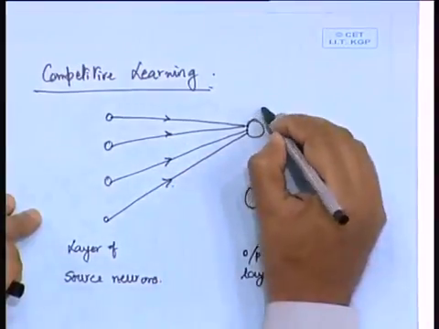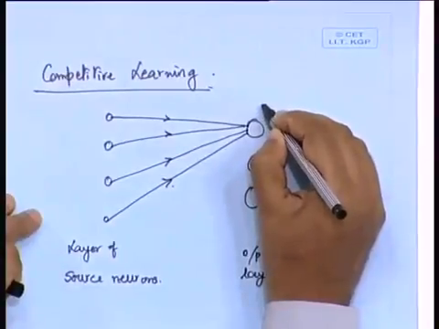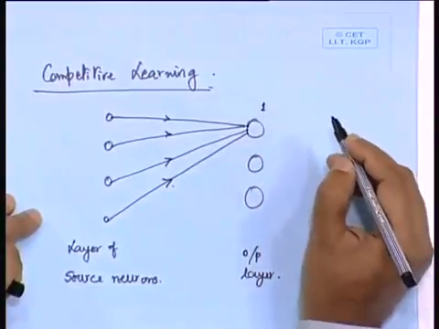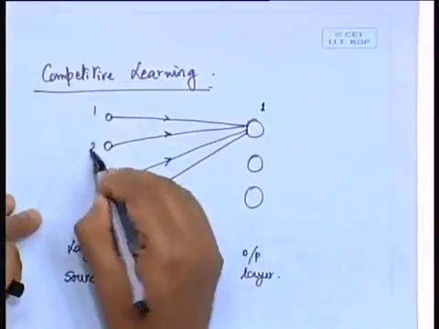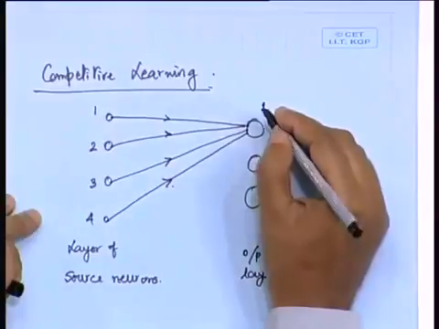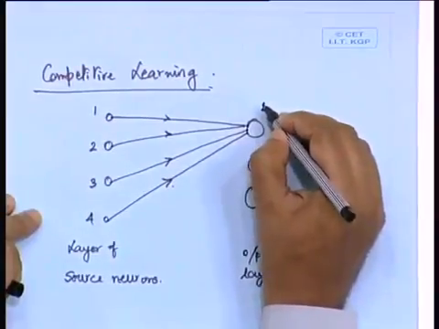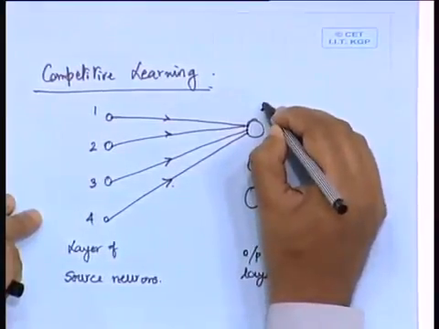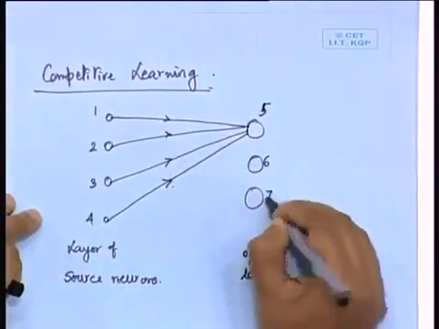Let us number the input neurons 1, 2, 3, 4, and the output layer neurons 5, 6, 7.